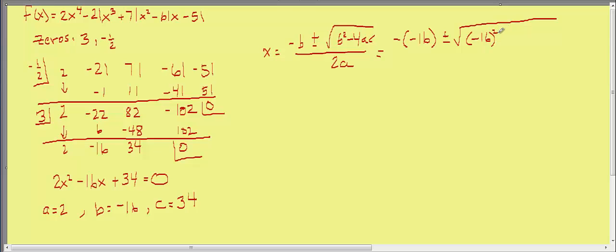See, these are very large numbers that you have to deal with here. And we have negative 4 times 2 times 34, all over 2 times 2, which is 4.